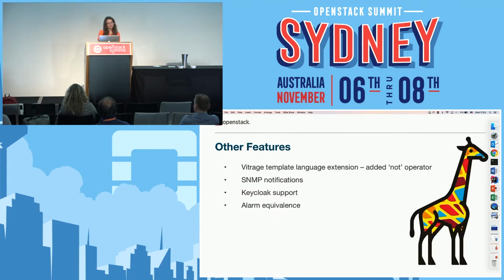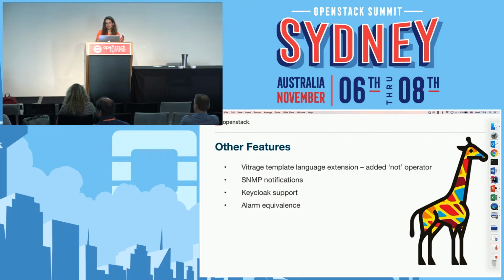Other features that we implemented in Pike: we enhanced the Vitrage template language. We added an option for adding a not in the condition, if something happened and not something else. We, like I said, support SNMP notifications externally. We added Keycloak support as a possible alternative to Keystone, in case Vitrage is used in a non-OpenStack environment.